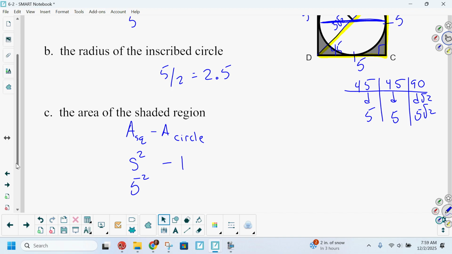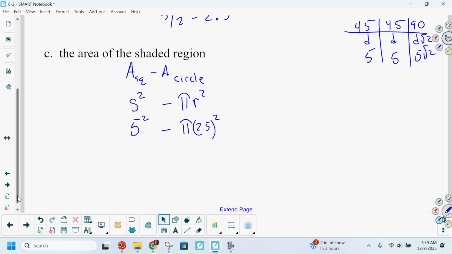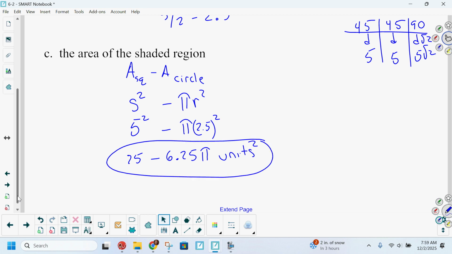The area of a circle is pi r squared, and my radius we said is 2.5. So that gives me 25 minus 6.25 pi, and that's in units squared. Once again, it didn't ask me to round, so I am done.